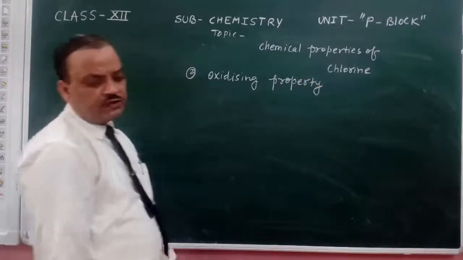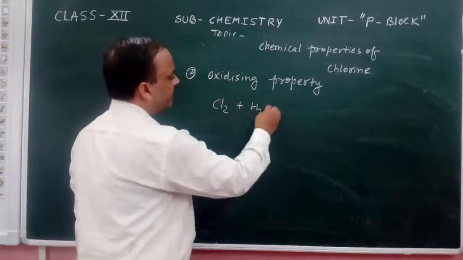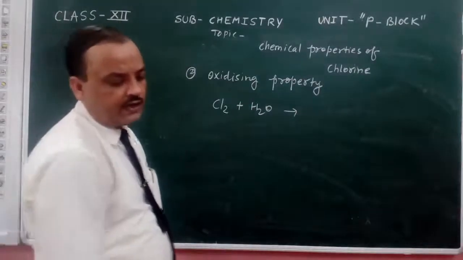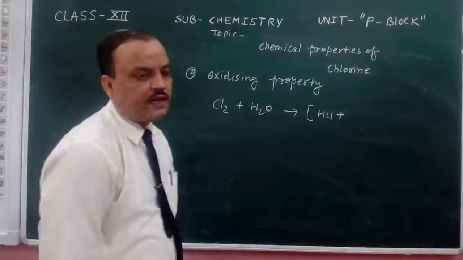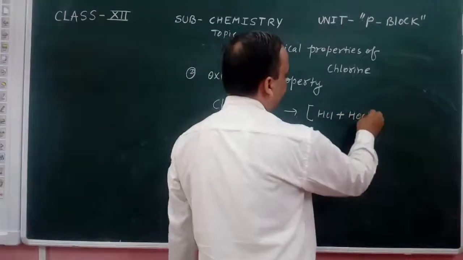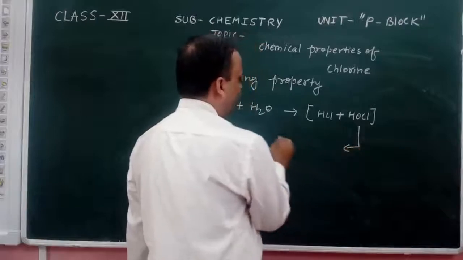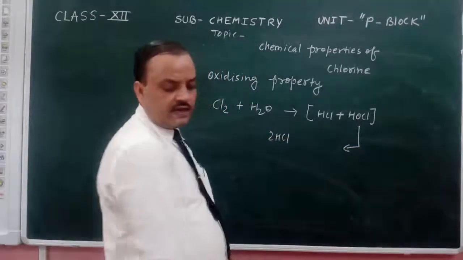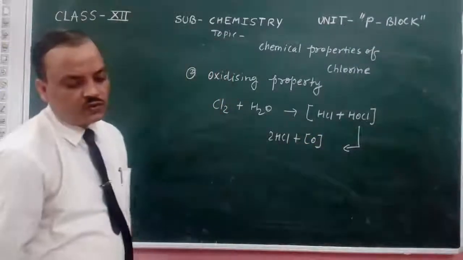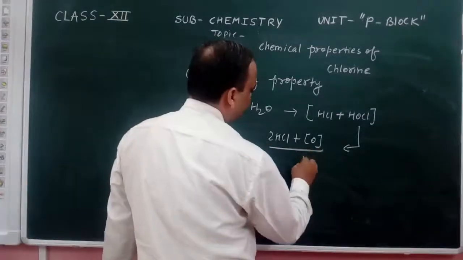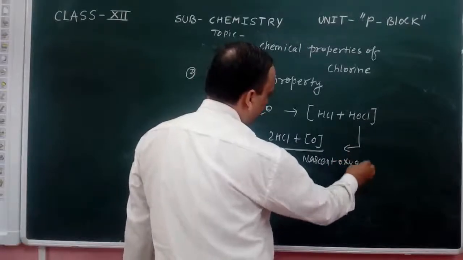Oxidizing property. In this oxidizing property, when Cl2 reacts with water, we have HCl plus HOCl, and then 2HCl plus O. This is known as nascent oxygen.